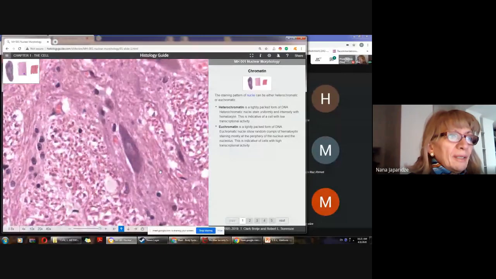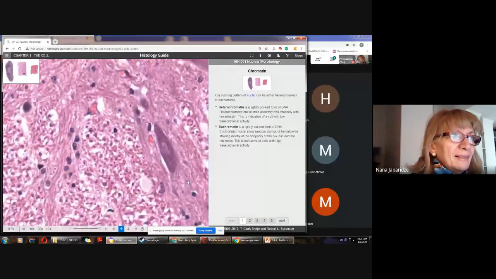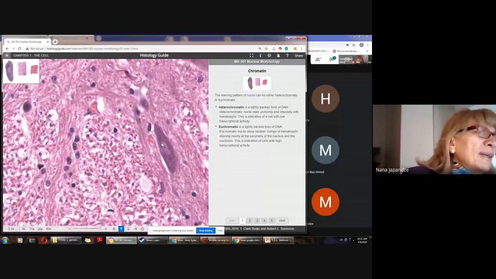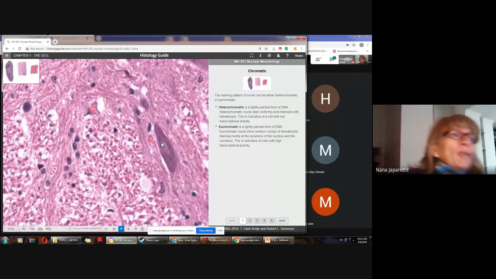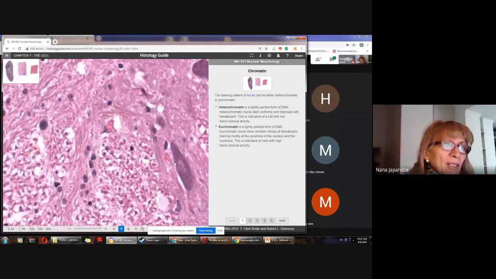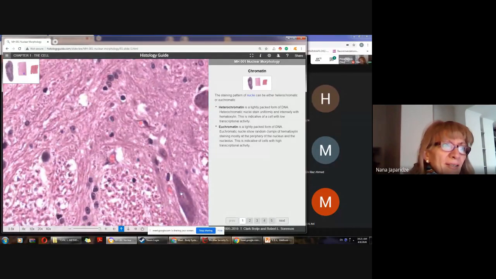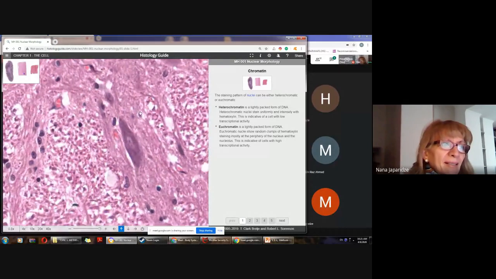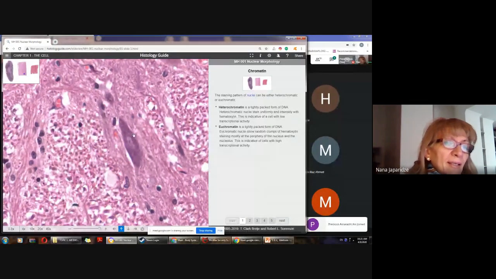So usually they are. Have you heard about the gray matter and white matter of spinal cord and brain? So look, this is gray matter, which comprises the cell bodies and also their processes, of course.